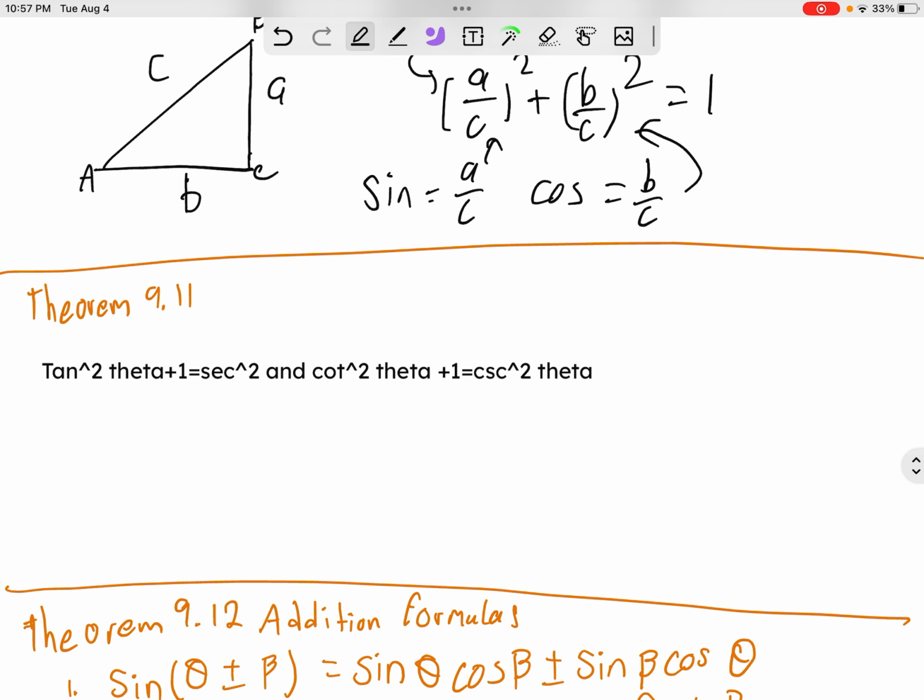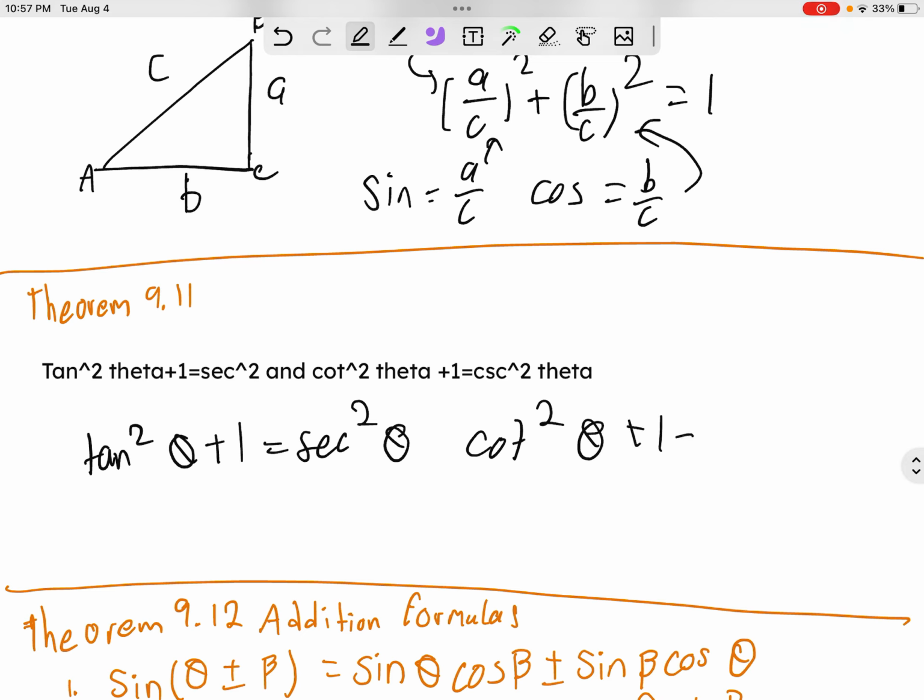Alright, 9.11 states that tan squared theta plus 1 will be equal to sec squared theta, and then cot squared theta plus 1 is equal to csc squared theta. That's just the mathematical form of this.